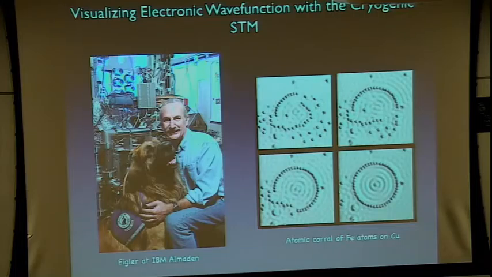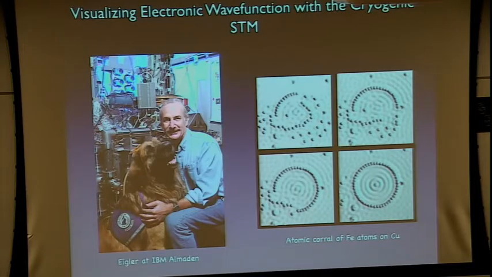And this is a picture you're all very familiar with. This is taking iron atoms and manipulating them on the surface of copper and looking at surface electrons of copper with the STM and confining them using the scattering from these individual iron atoms. This is where I got interested in the field.